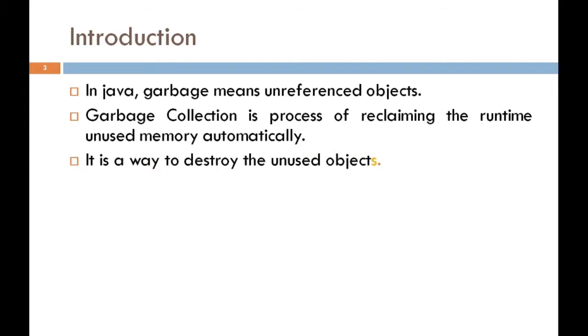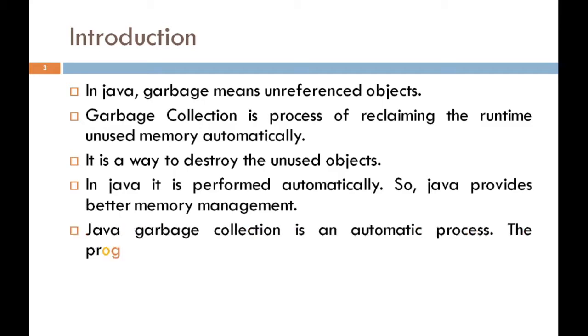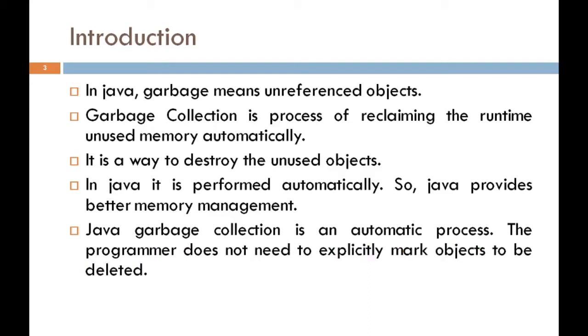Garbage collection is a way to destroy unused objects. In Java, it is performed automatically, so Java provides better memory management. The Java garbage collector is an automatic process, so the programmer does not need to explicitly mark objects to be deleted.